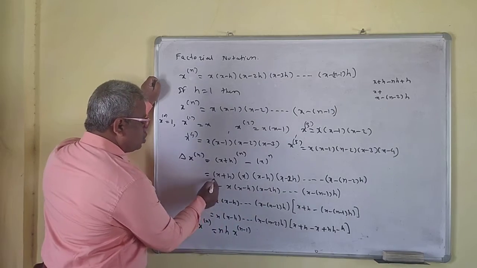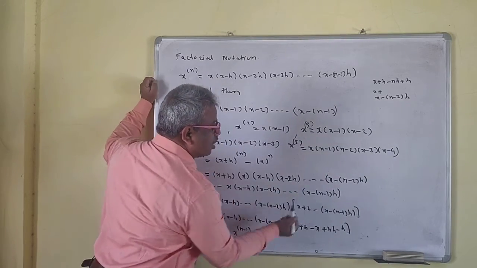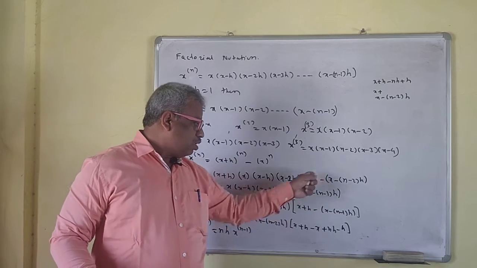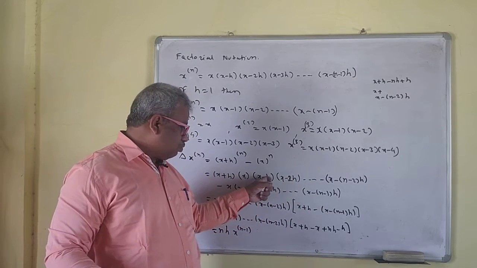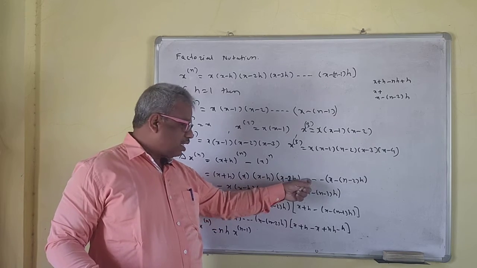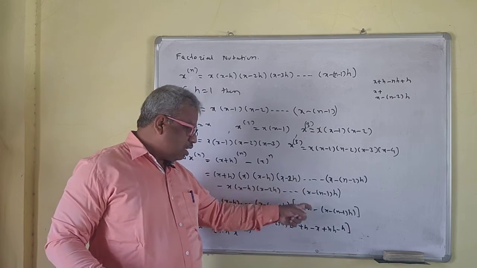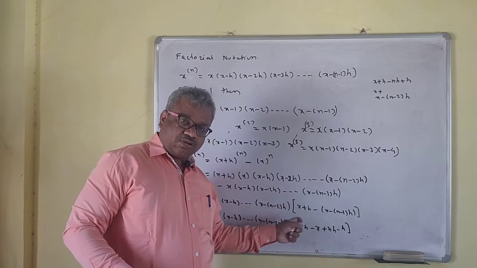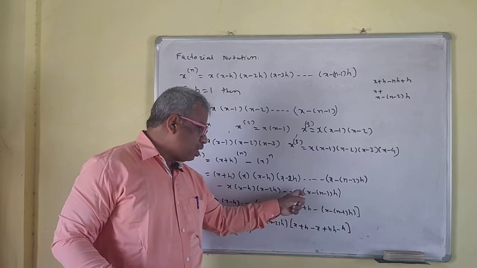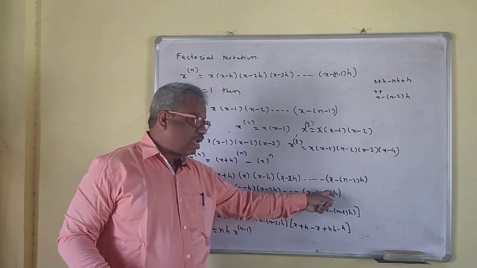Looking at the second product, the previous term of the last one is x minus (n minus 2) times h.